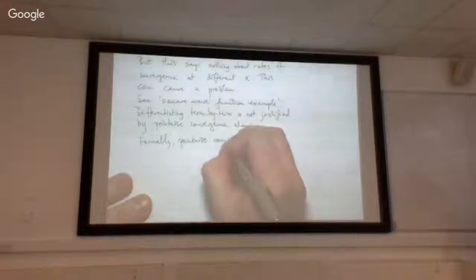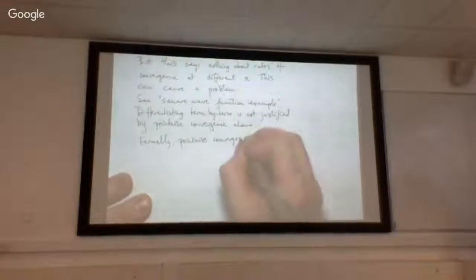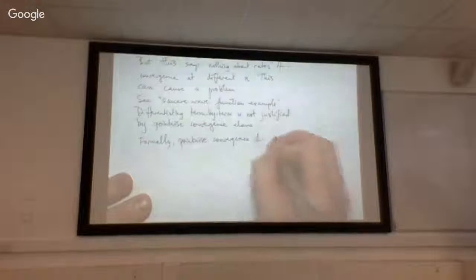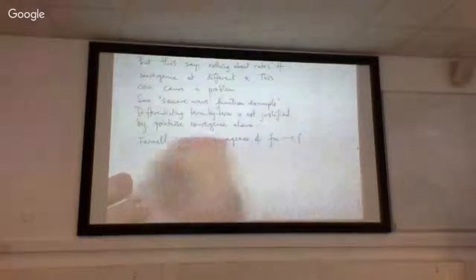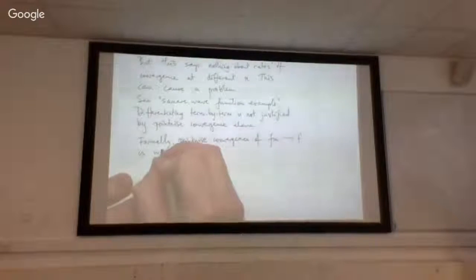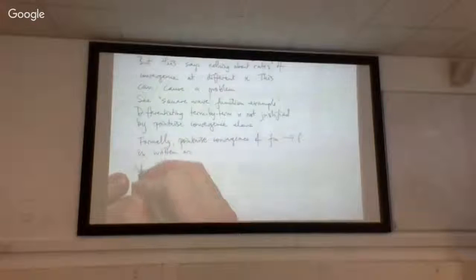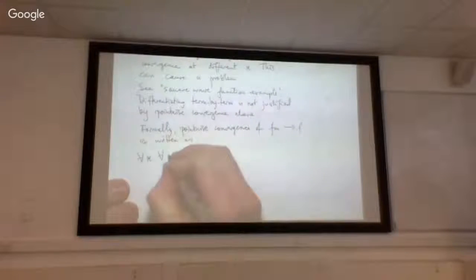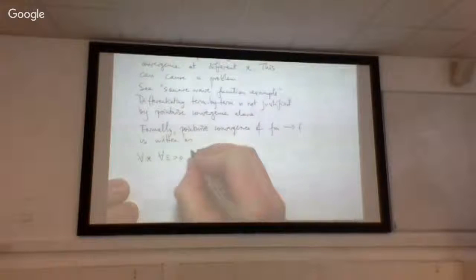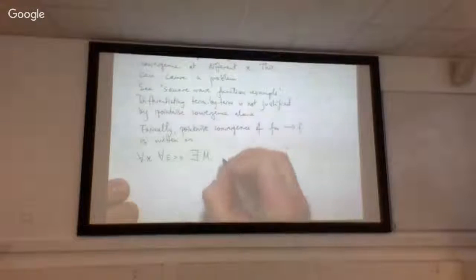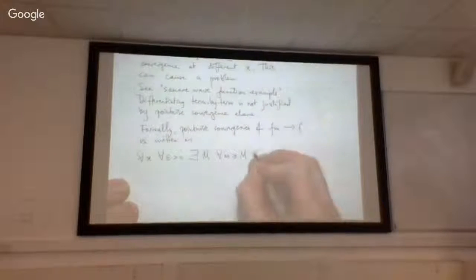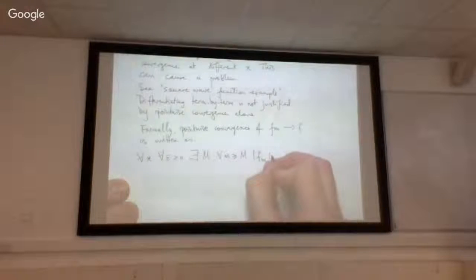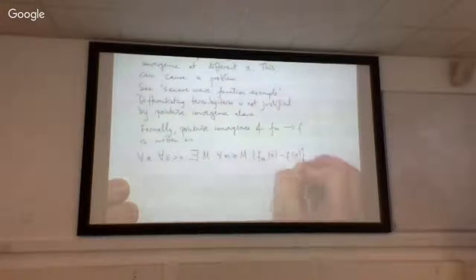Formally, pointwise convergence of sequence f_m to f is written as: for every x in the domain, for every epsilon greater than 0, there will exist a point capital M such that for all little m greater than or equal to capital M, the absolute value of f_m(x) minus f(x) is less than epsilon.